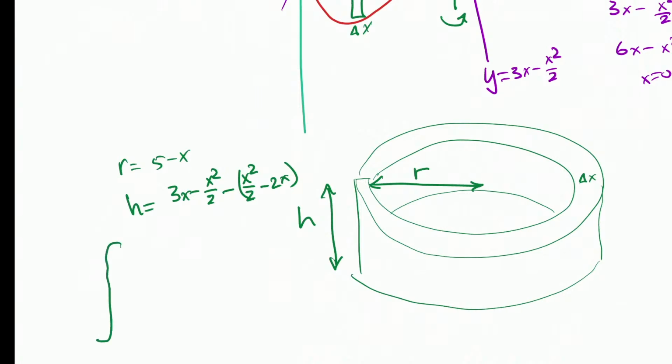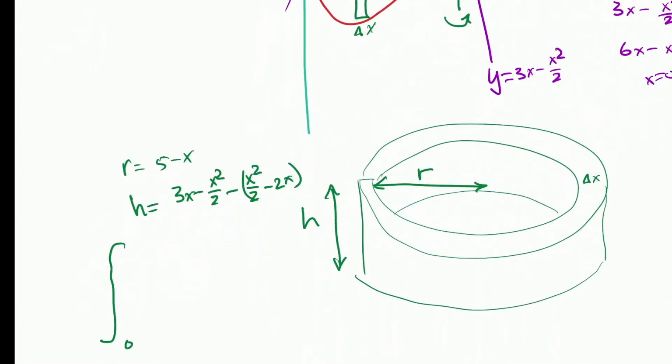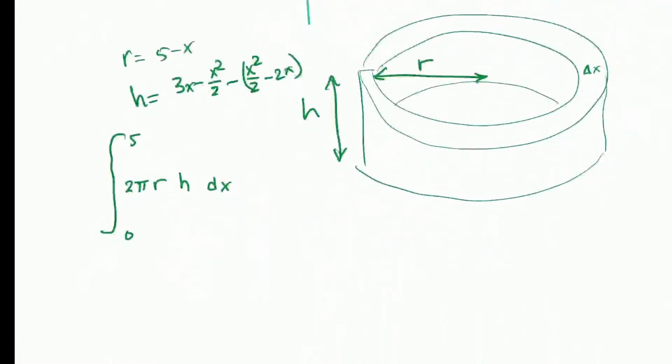We're going to integrate from 0 to 5 of 2 pi r h dx in this case. So it'll be the integral from 0 to 5 of 2 pi times r times h.